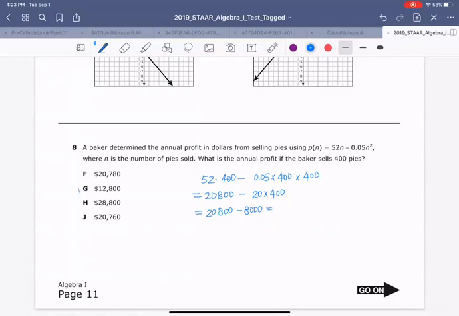Yes. Yeah, this number is a little big, but if you see here, 400 times 0.05, which is 400 divided by 20, right? Because 1 over 20 is 0.05. So you get this number quickly. Does that make sense? Okay.